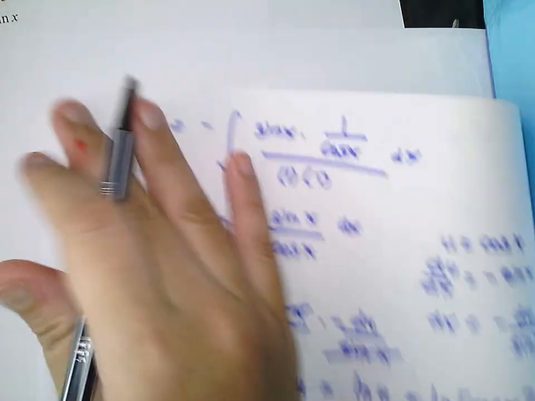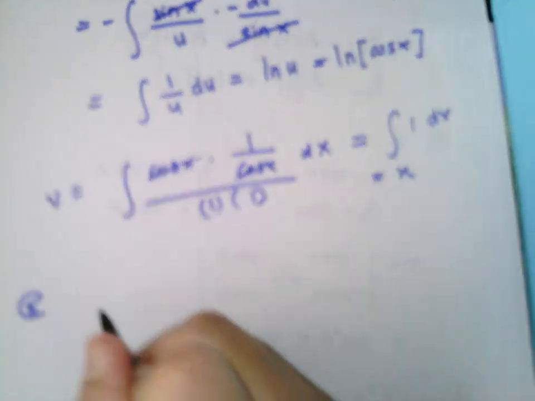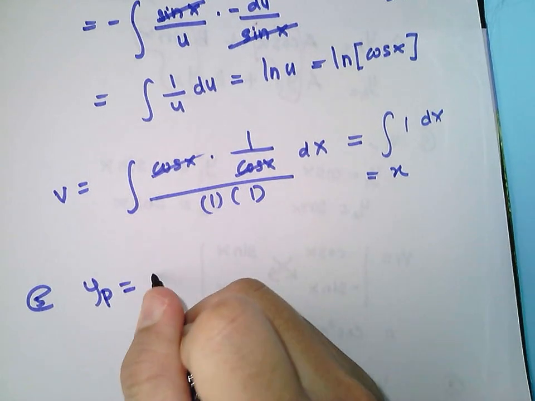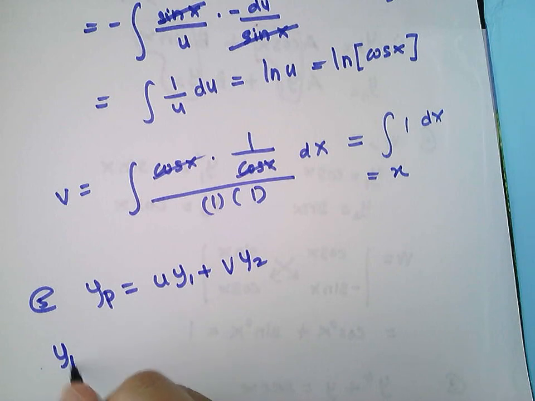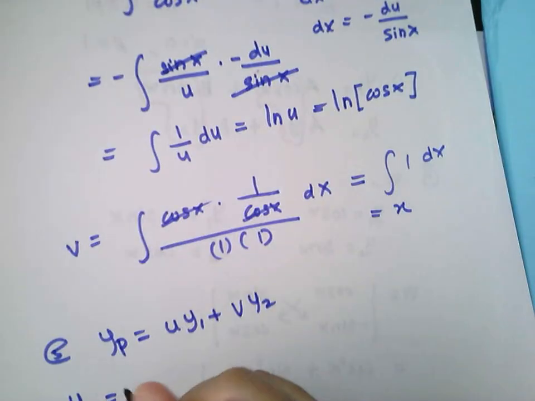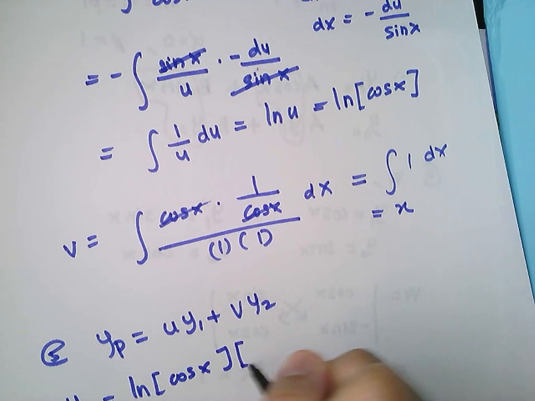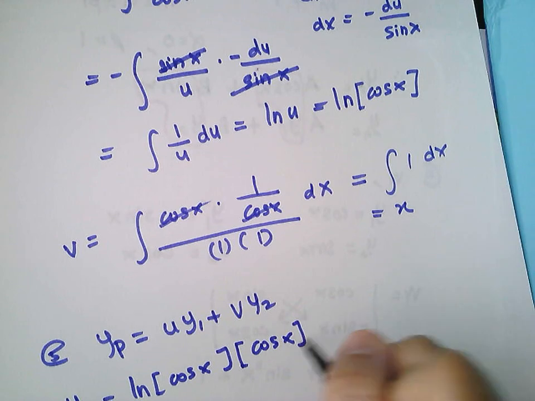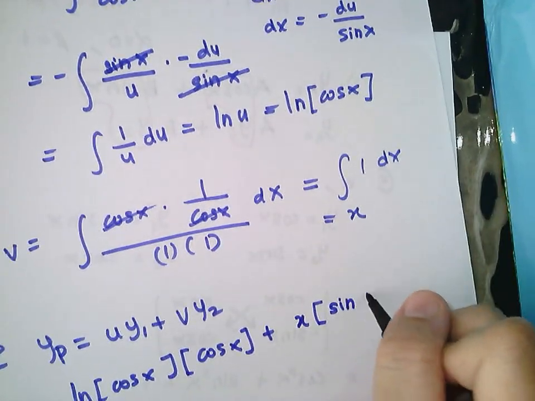This is step 4. Since you already have your u, v and your y1 and y2, you can find your yp, which is equal to u y1 plus v y2. So your yp is equal to your u, which is ln cos x, times your y1, which is cos x, plus v, which is x, times your y2, which is sin x.